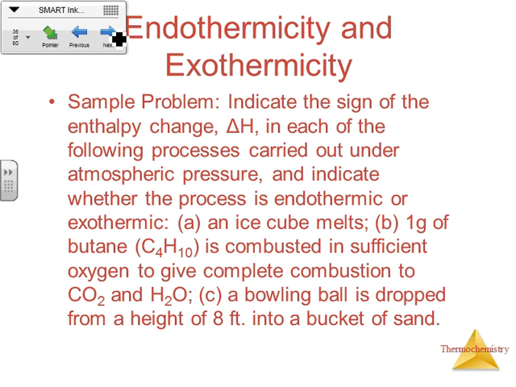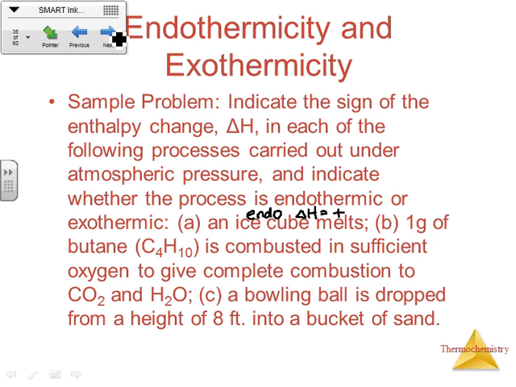In order for an ice cube to melt, we have to put heat into the ice cube, right? If our ice cube is the system, then we're putting heat into it. That's an endothermic process. It's absorbing heat, and that means delta H is positive.